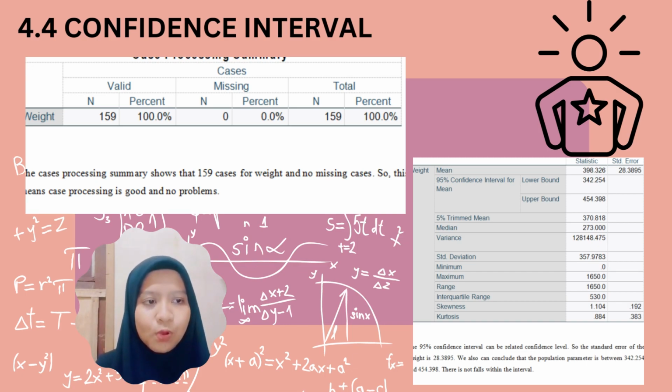The standard error of the weight is 28.3895. We can also conclude that the population parameter is between 342.254 and 454.398. So there is no fall between the interval.